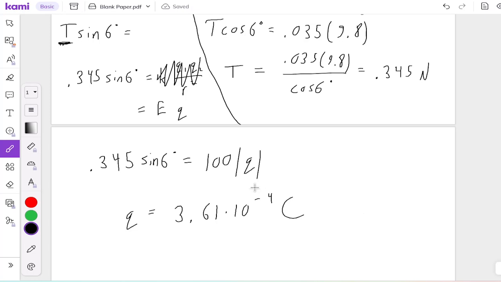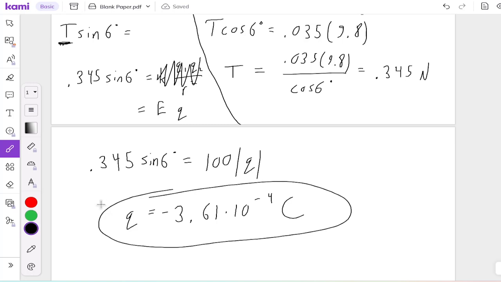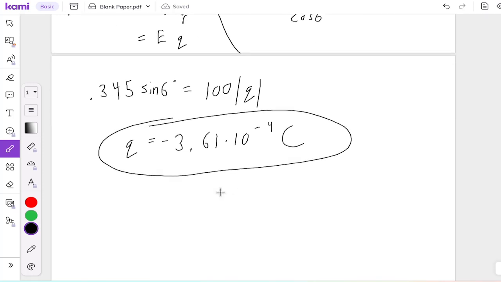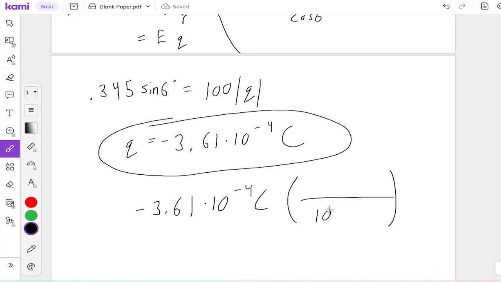However, remember, this is a negative charge for the reasons we said earlier. It goes the opposite direction as the electric field. So this is my answer. And by the way, if they wanted microcoulombs, because sometimes they do, especially if it's multiple choice, then I have to take this in coulombs and multiply by the conversion factor, coulombs in the denominator, microcoulombs in the numerator.